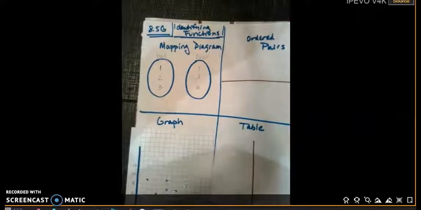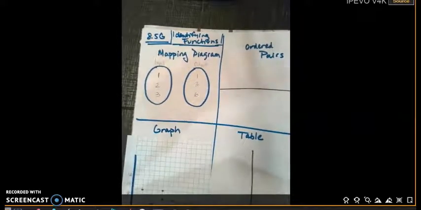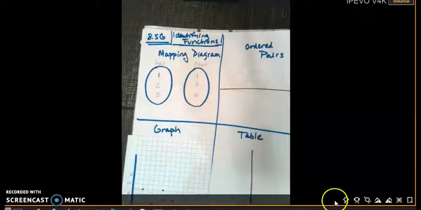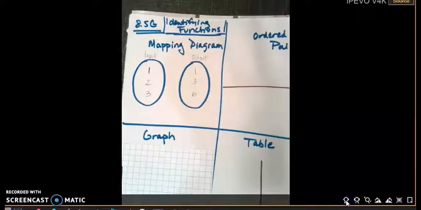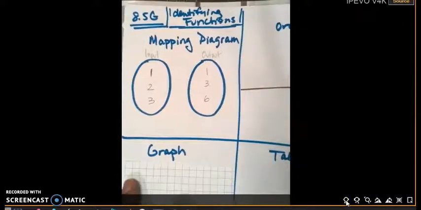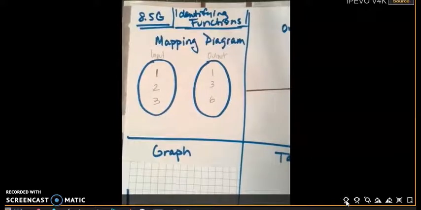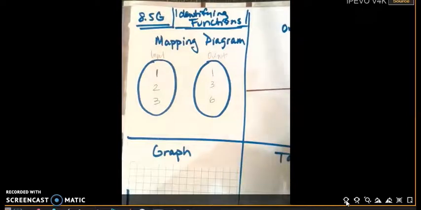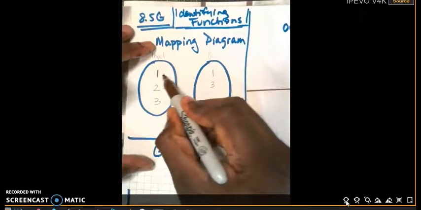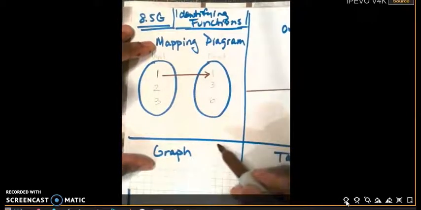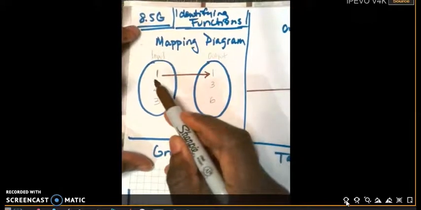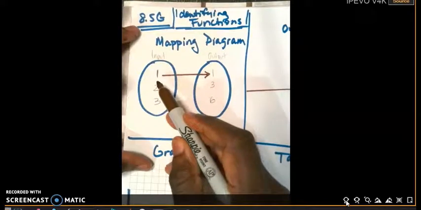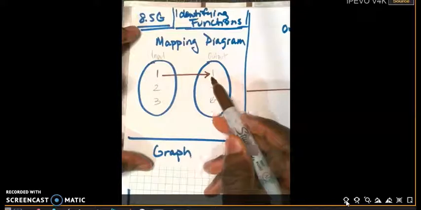I'm going to zoom in just a little bit. Again, we have our input and we have our output. So what would be a function? In this particular case, I'm going to use a brown marker. This constitutes a function because 1 is your input, or your x value, and 1 is your output value.